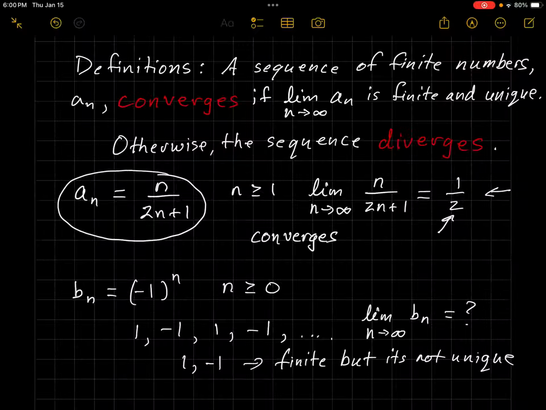Because way out at infinity, what will b sub n equal? Well, it'll either equal 1 or negative 1. Since we don't know which it is, we say that this sequence diverges because it's not unique.